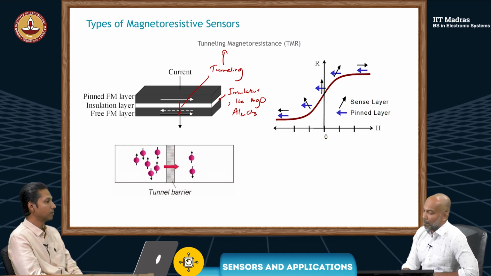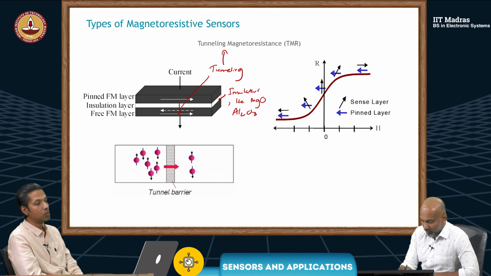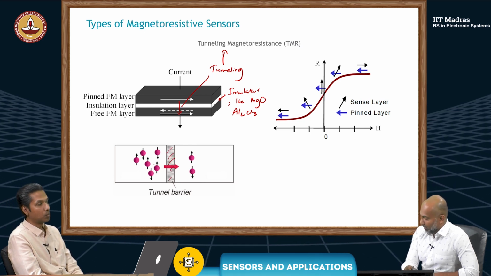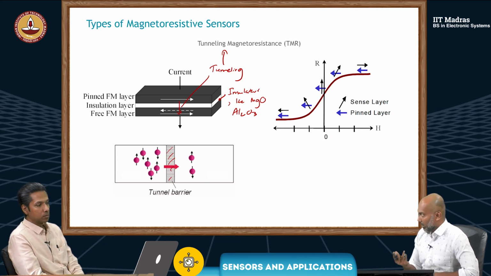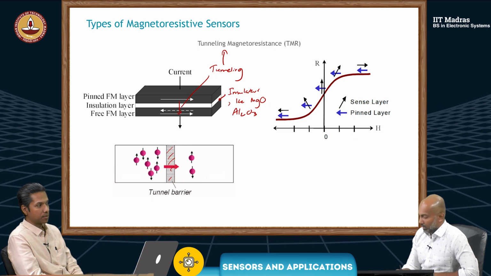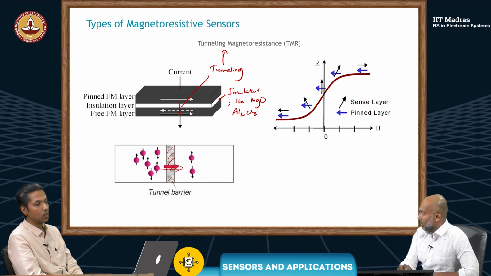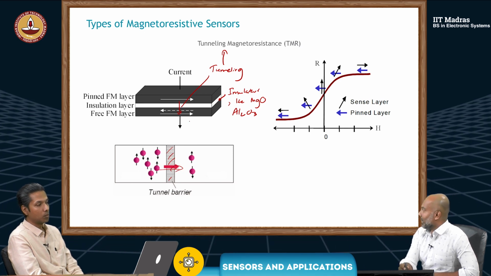So basically, you can just think of it as a tunnel like this, right? And you have upspin and downspin electrons. If you have a current, you have both, generally. So now, how many tunnel through depends on whether the magnetizations are parallel or anti-parallel.